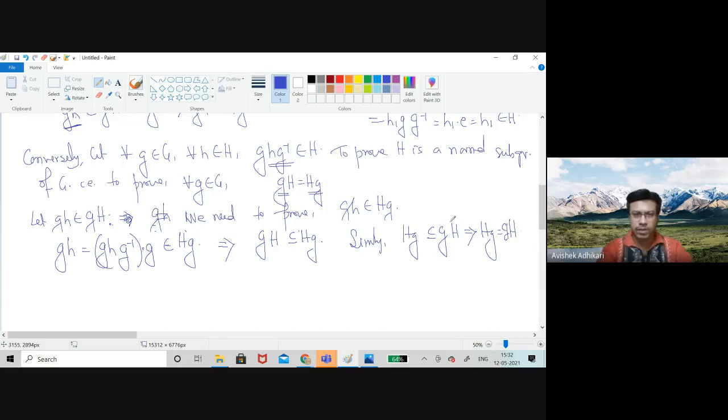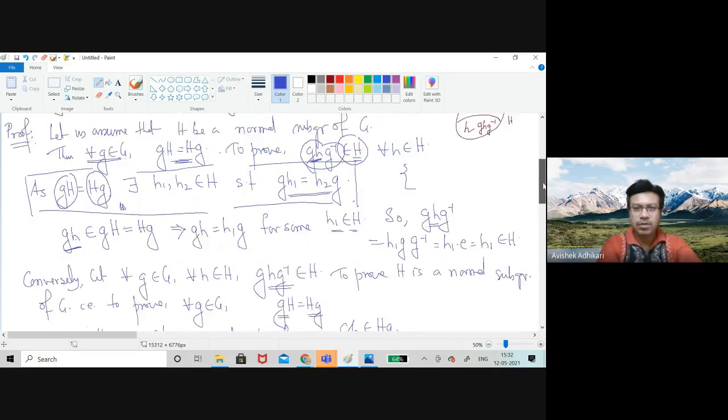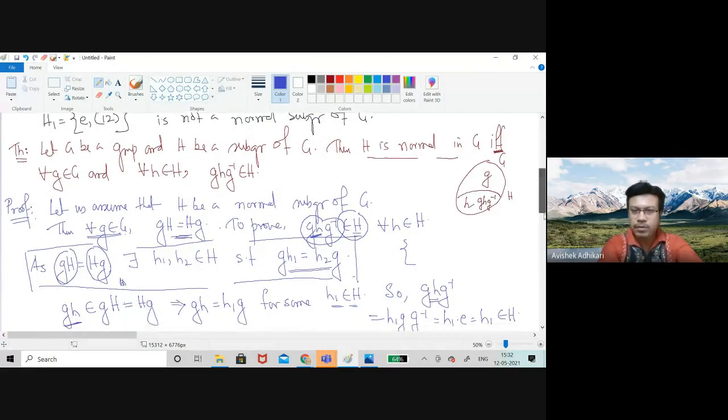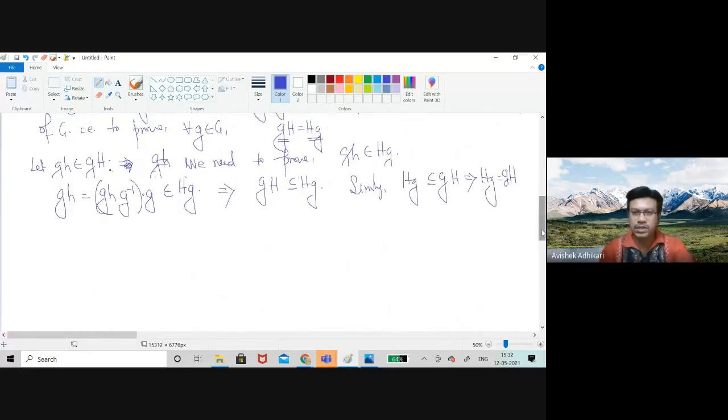And that's what we needed to prove the final statement, because if you are able to prove that this is true for all g belongs to G, that will in turn imply that H is a normal subgroup of G. So that's the normal definition of normal subgroup.